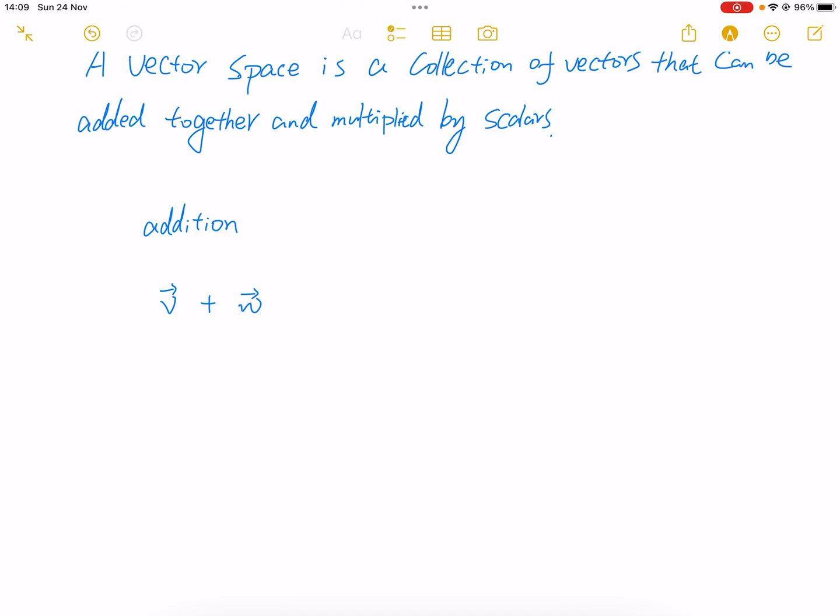Addition is vector v plus vector w, and we can visualize this as vector v and vector w. Then we get vector v plus w.